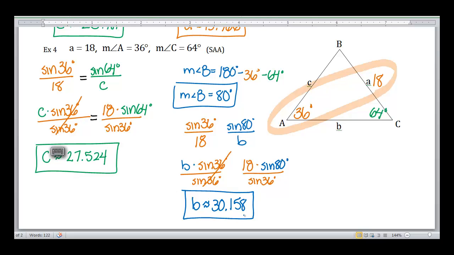In order to solve for side B, I had to first subtract the 2 angles I knew from 180. Then I was able to use the same ratio of my A's and set it equal to the sine of 80 over B. When I cross multiplied and divided out the sine of 36 multiplied times my variable, I got 30.158. Please now take a look at your homework.